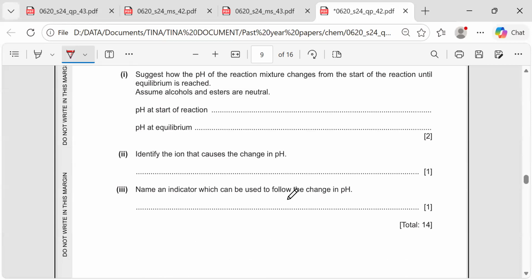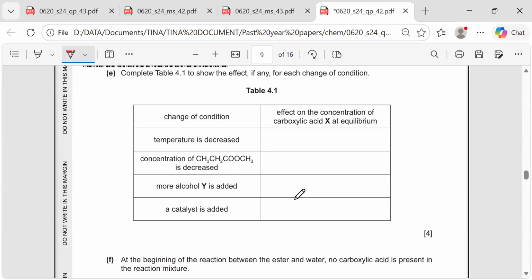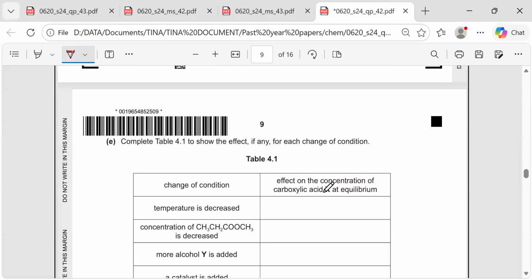I don't know the pH, then I don't know what I said. pH and equilibrium. pH of the start.